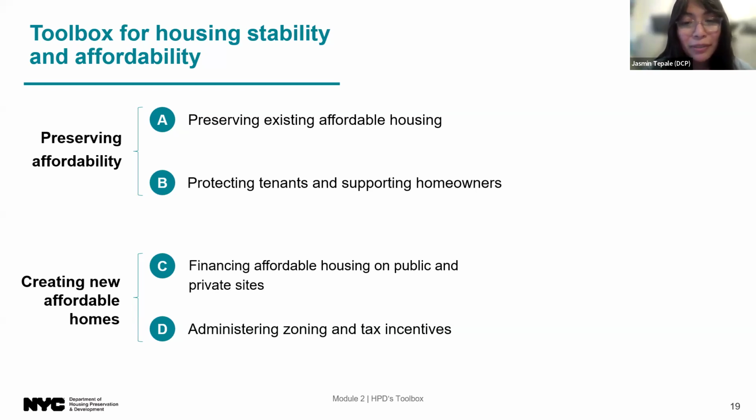We've been hearing the need for all of these things in Jamaica, and these are all core components of our neighborhood plan that we'll be doing here in Jamaica. But for tonight, we're really going to focus on the creation of affordable homes. So really, in that last one of administering zoning and tax incentives, that's going to be our main focus for tonight.